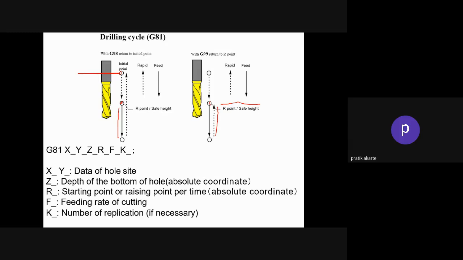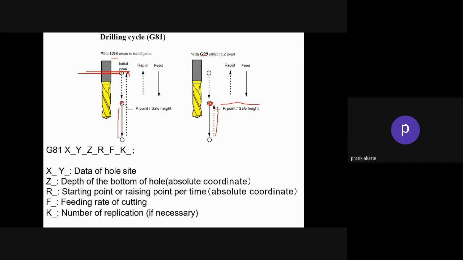Here the tool is retracted to the reference point. If we are drilling a number of holes, you will be using G99, which means your drill bit is retracted up to the reference point. If you are using G98, your tool will be retracted to the initial point. See this dashed line, the tool is retracted to the initial point.